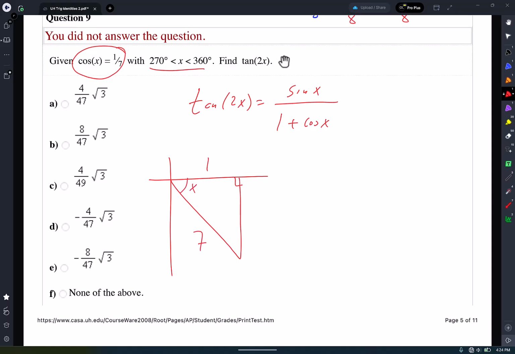I'm going to write 7. 7 squared is 49, minus 1 squared is 48. So this is negative square root of 48. I guess for now we'll leave it like that. All right, here we go. Sine x, negative square root of 48 over 7, over 1 plus 1/7.